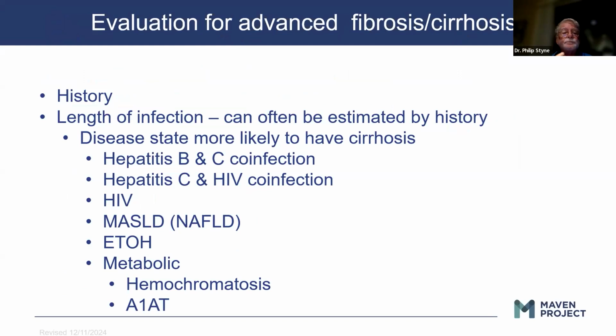So length of disease can often be estimated. We need to be sure that they're not co-infected, because co-infection with B and C makes treatment of C complicated. Obviously, if they're co-infected with HIV. We talked about fatty liver and alcohol, and I hate to say it, as complicated as it can be, as William Osler said, a man can have as many diseases as he damn well pleases.